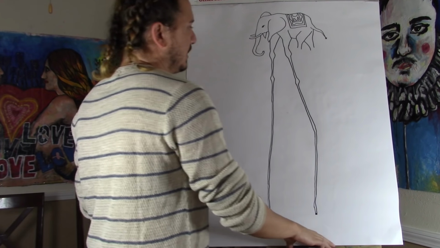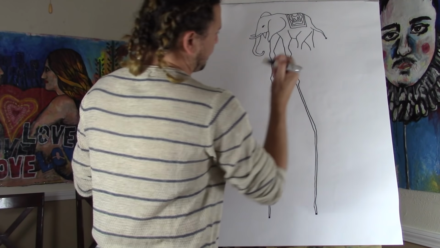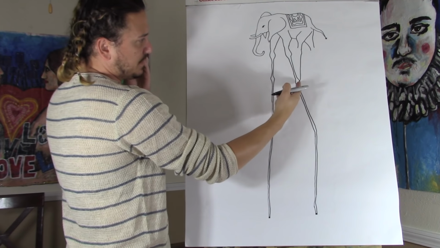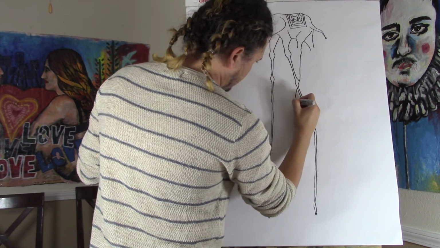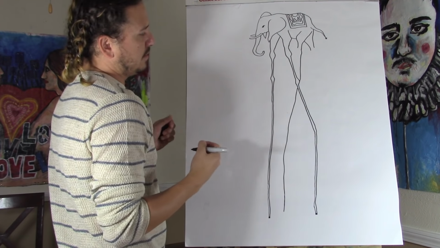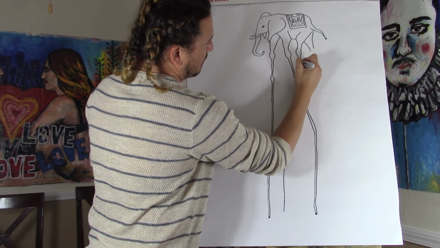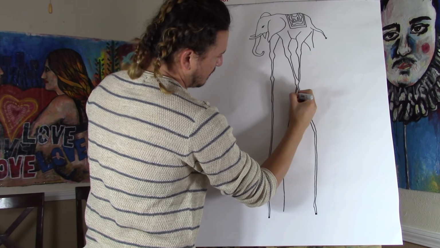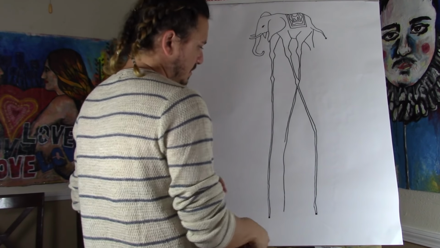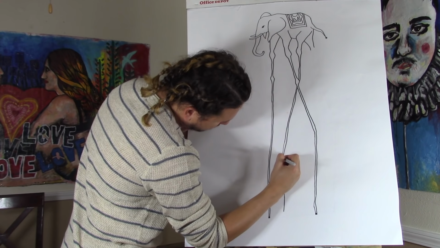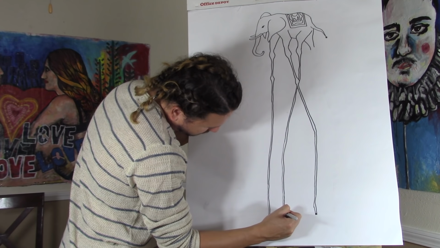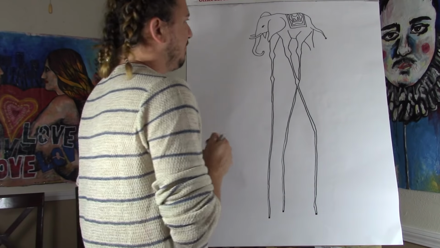There's a second one, a third one. This one will come down this way. And it's going to go behind that one, so make sure your line doesn't cross. The other one. And now the final leg.